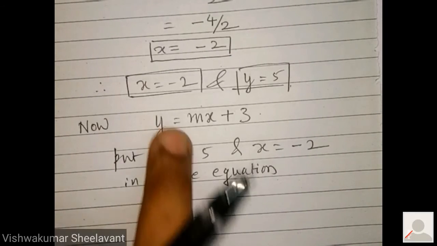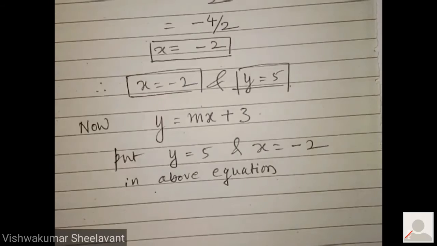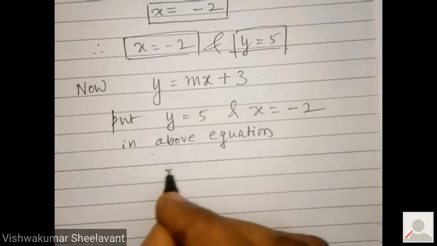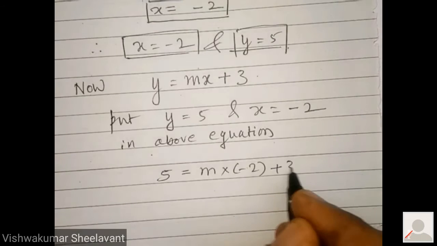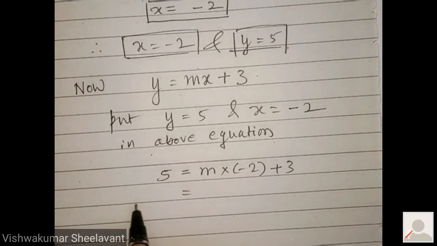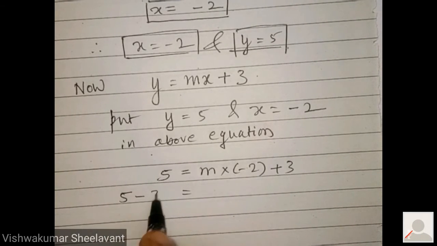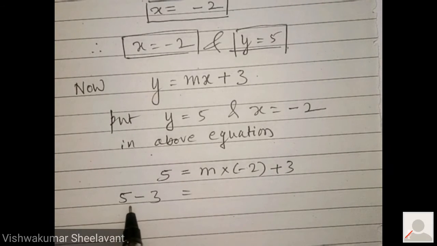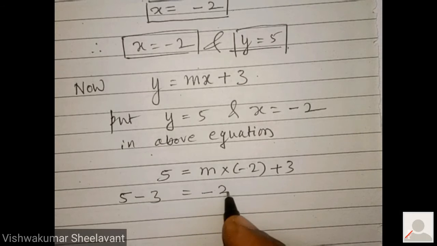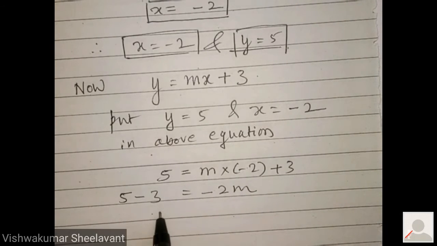Above equation means written in above line. Y equal to m into minus 2 plus 3. 5 minus 3, because this is plus 3 on this side. When it comes here, it will become minus 3. Minus 2m. 2 equal to minus 2m.